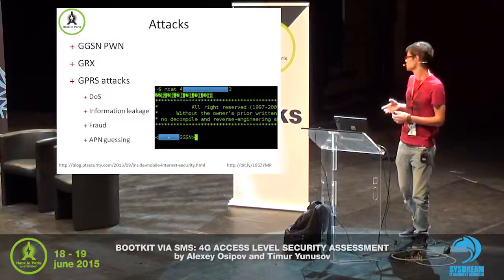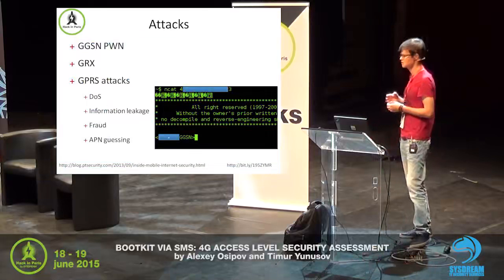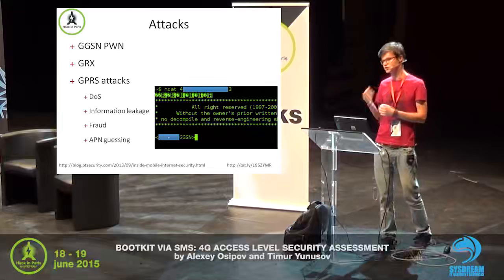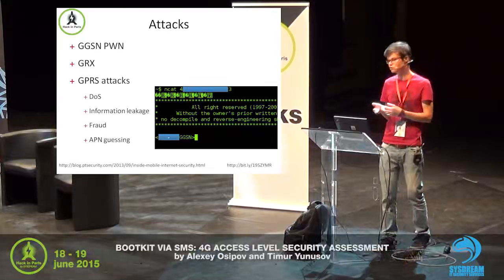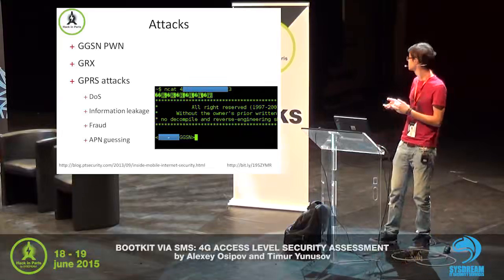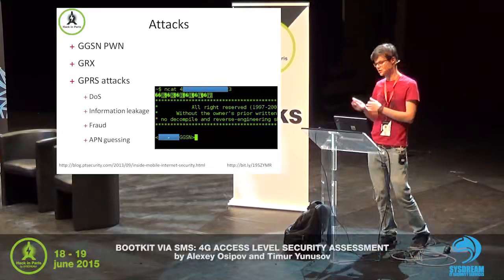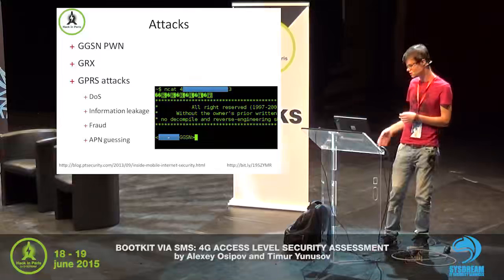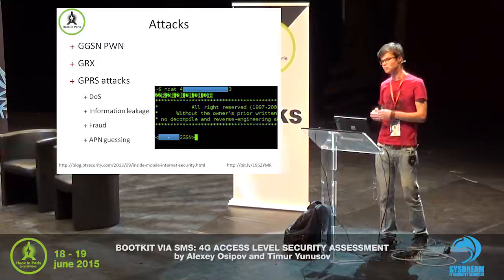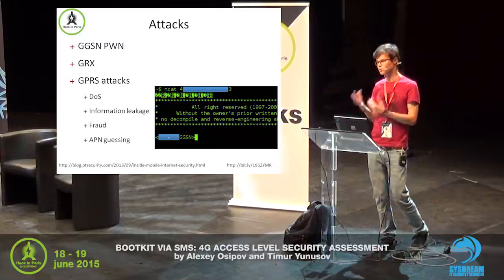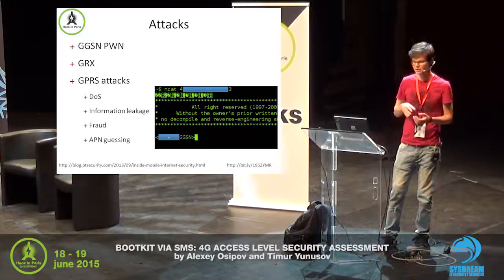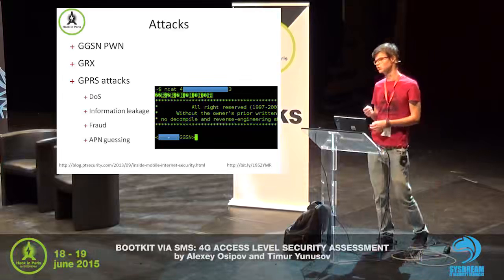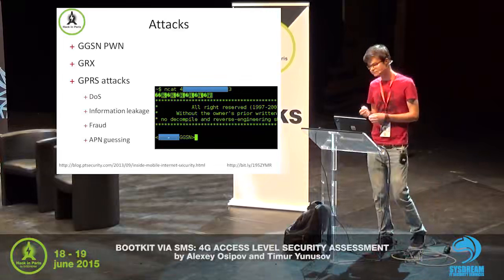What's the problem here? The problem is if you get the IP address of a GGSN device. First of all, you can look for specific management ports like SSH, Telnet, get access to them and get inside of the telecom network. Next problem, if you compromise one GGSN, you can attack other GGSNs and other telecoms with the GPRS Roaming Exchange protocol.